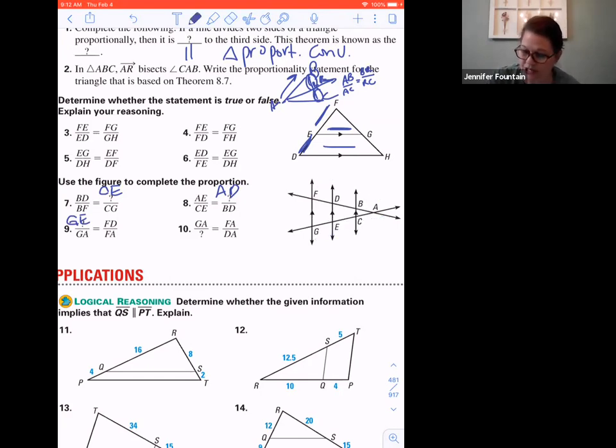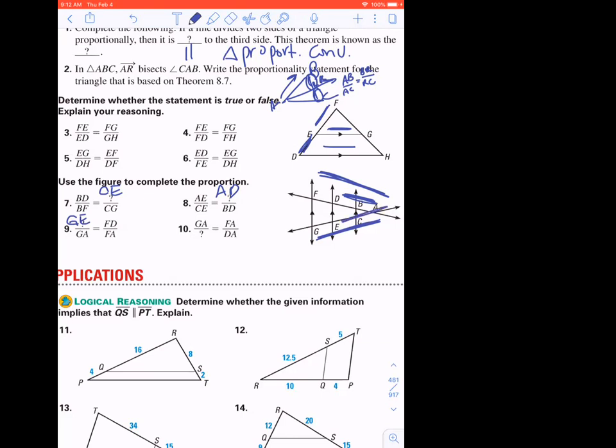And then finally, I have GA. So again, we've got that whole section over something is equal to FA, my whole segment, to DA. EA. Good. So that's going to be EA.